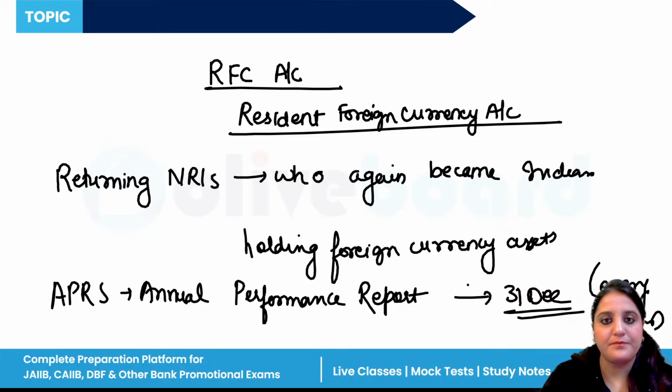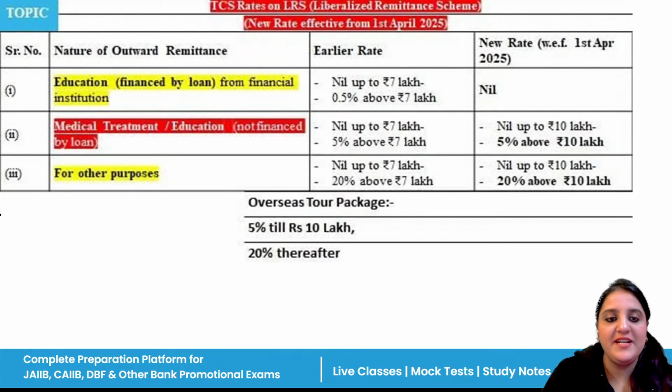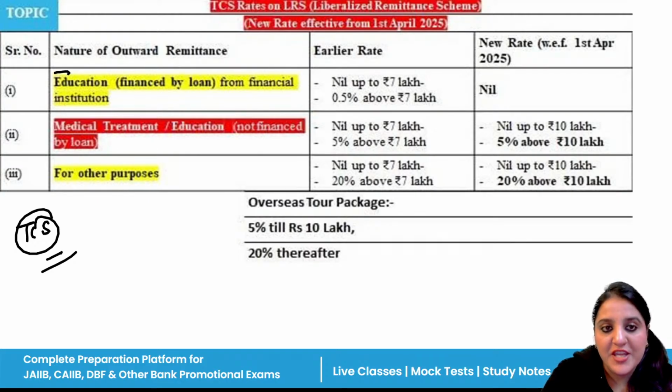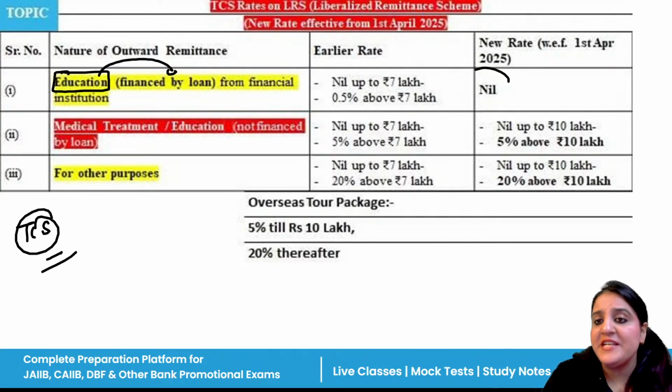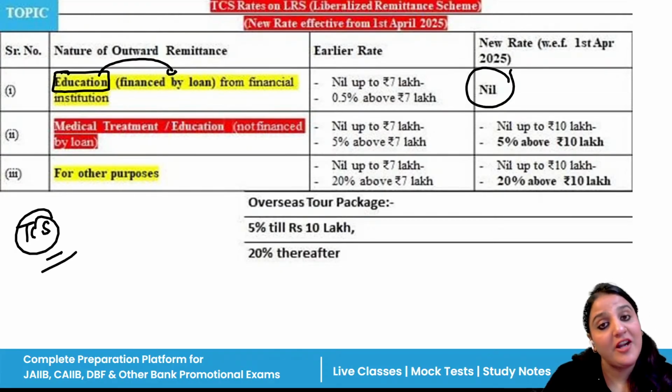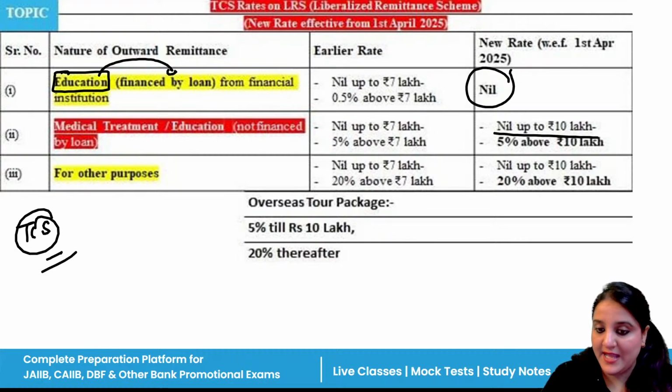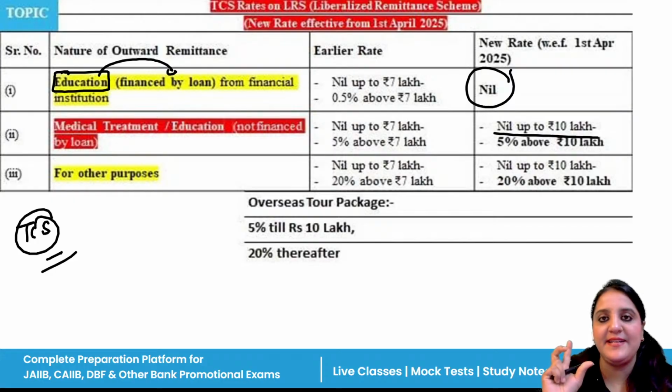Is that clear? Now, most important, TCS, new TCS rates are there. If education is financed by a loan, then no TCS will apply. But if it is medical treatment, or education not financed by a loan, then there is no tax up to 10 lakh, but exceeding 10 lakh, 5% TCS is applied.